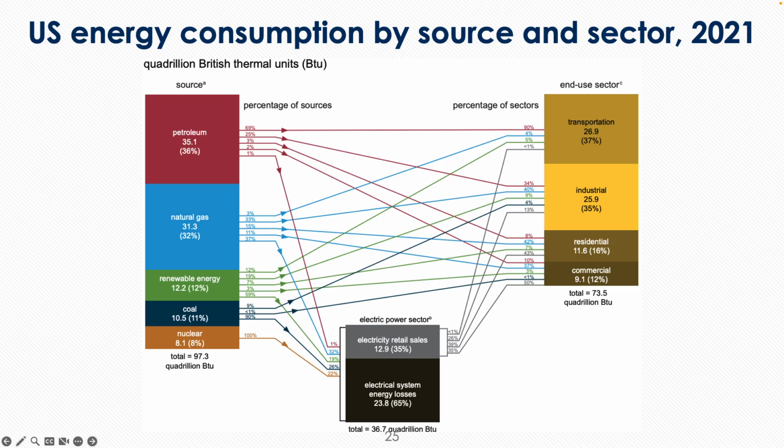And the way that we use it is about 40% in transportation, 35% industrial, and the remainder split between residential and commercial. Okay. So that's a really high-level overview of US energy consumption, and we're going to get a lot more into detail on the left half in the first couple weeks.